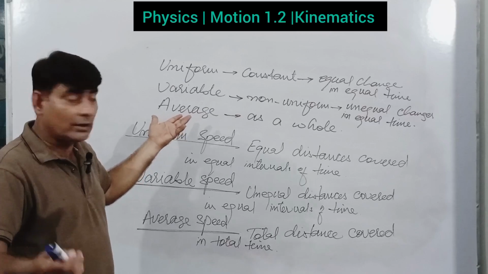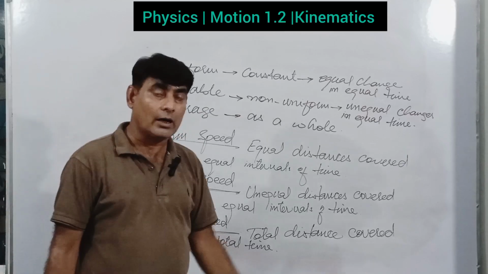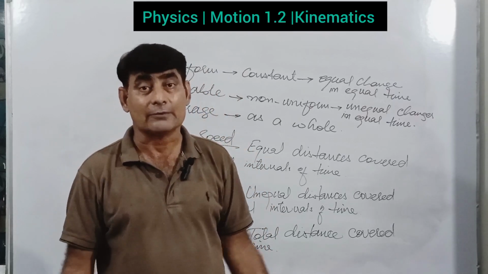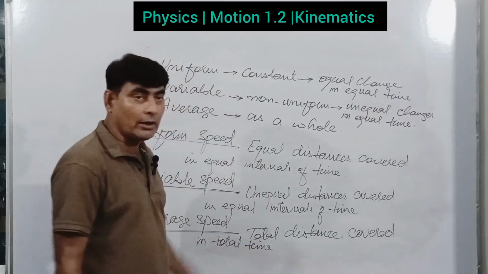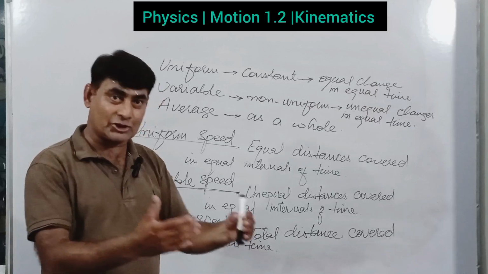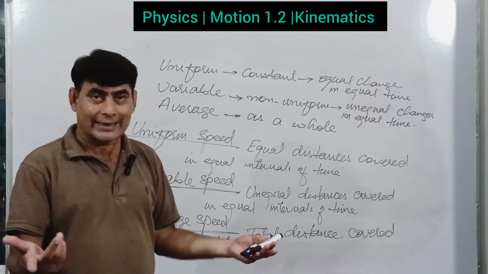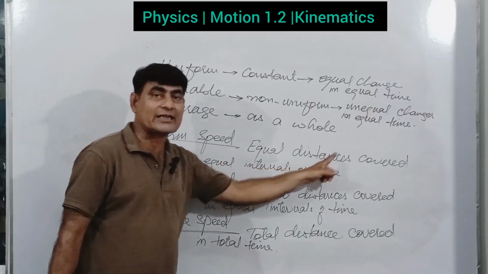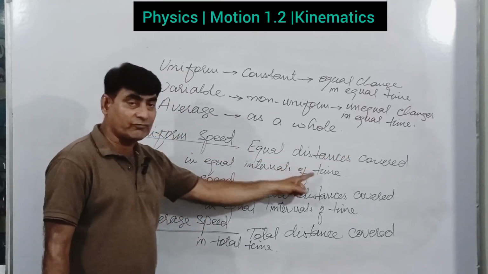Whenever you are given a uniform data, meaning equal changes. A variable is a thing that has an ability to change. Now listen again. Uniform speed, equal distance is covered in equal interval of time.